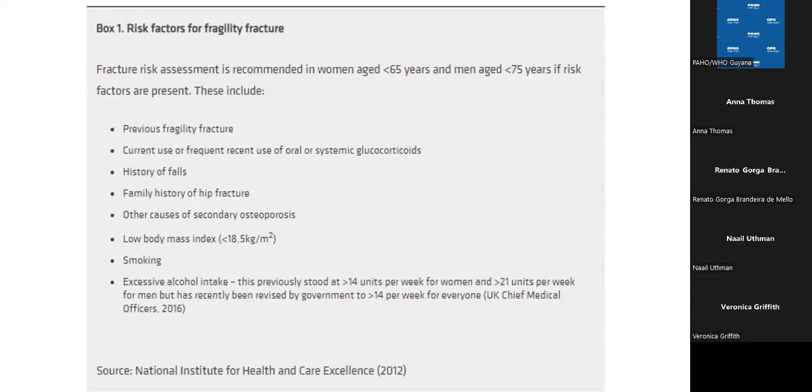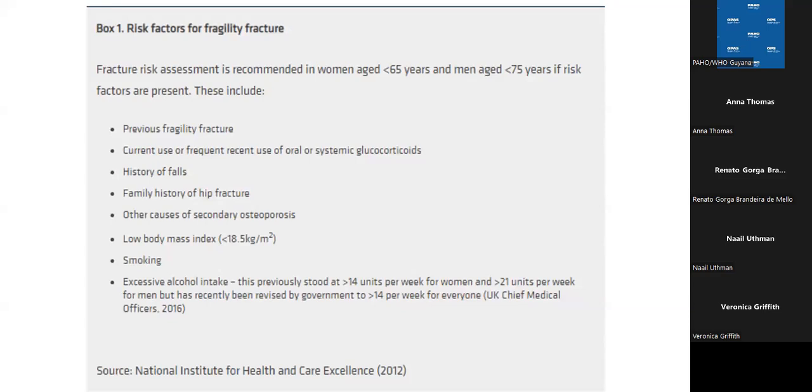So if a patient already had a fracture, he or she is considered a high risk patient and must receive treatment accordingly, as we will see in the next slide.